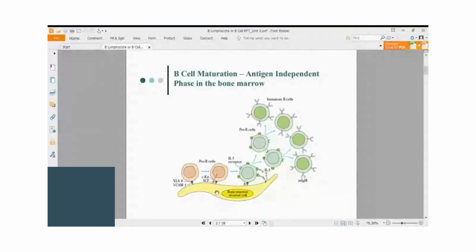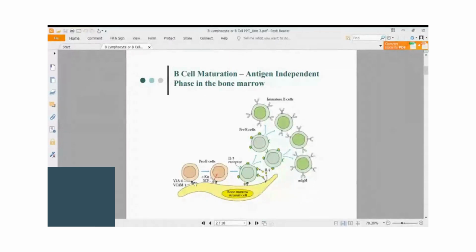Now those bone marrow stromal cells will express a receptor on their surface called VCAM1. VCAM is supposed to be variable cellular adhesion molecule 1, and that establishes the contact with VLA4 expressed by the pro-B cell.